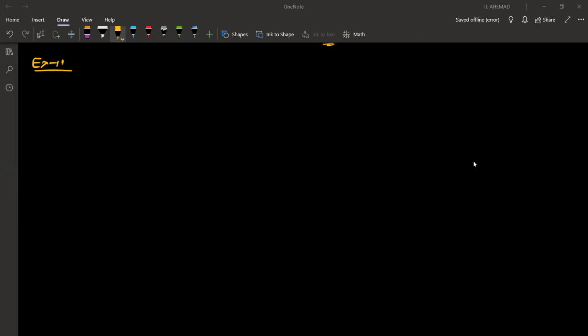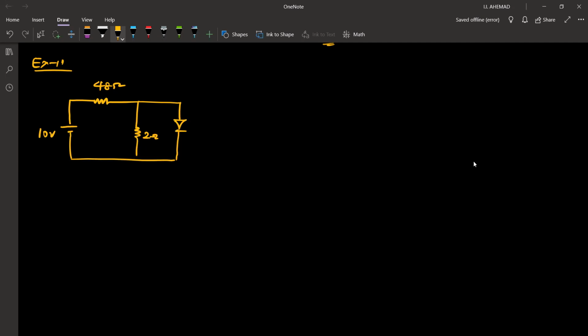Seventh example. So here we have a 48 ohm resistor, 2 ohm resistor and a diode, and a source in volts.